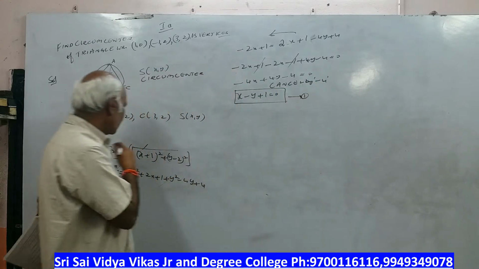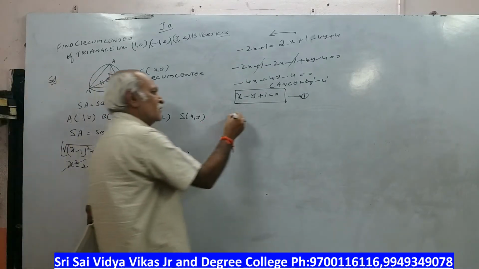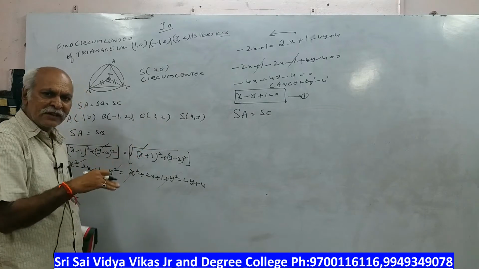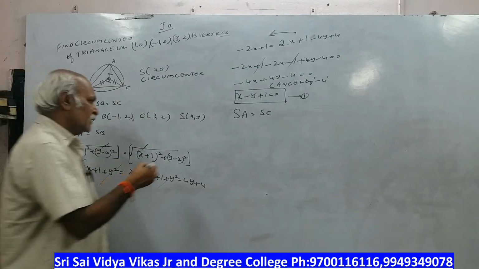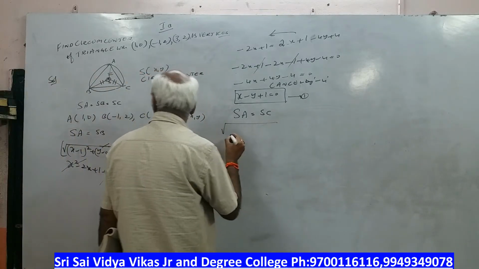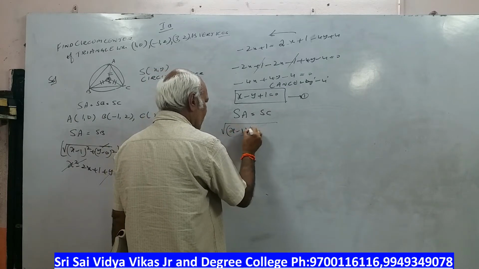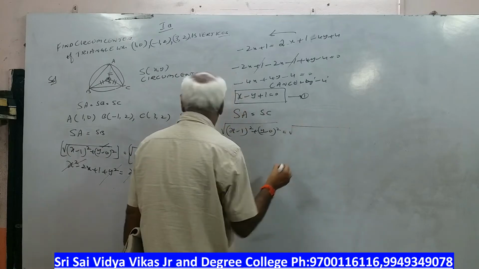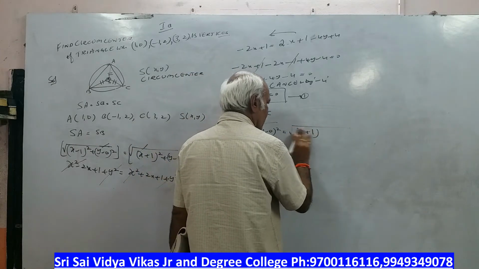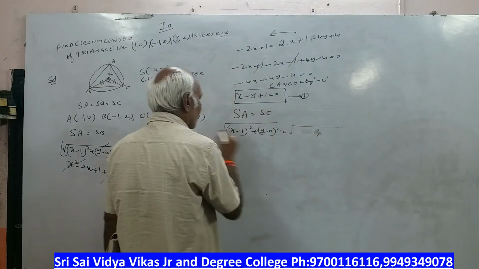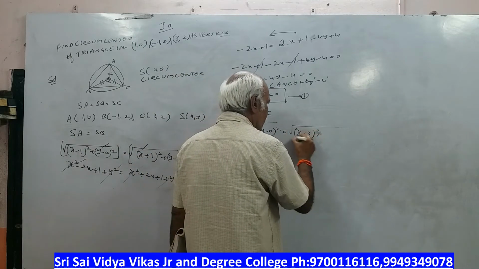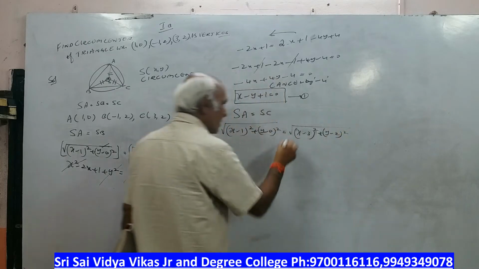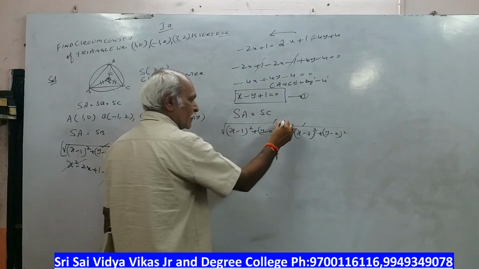So this is the first equation. What I have done is SA equal to SB. Next, I will consider SA equal to SC. You can consider SB equal to SC, anything we can consider. So root of (x minus 1) whole square plus (y minus 0) whole square is equal to root of SC, that is (x minus 3) whole square plus (y minus 2) whole square. Again the square roots will get cancelled.